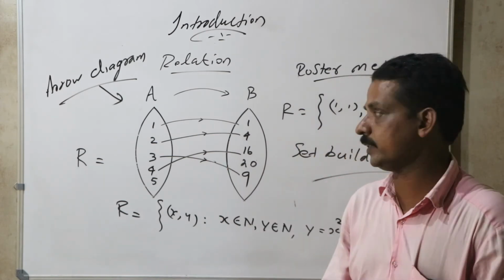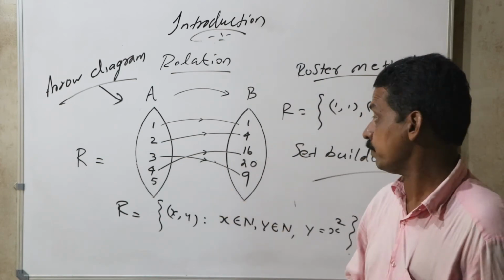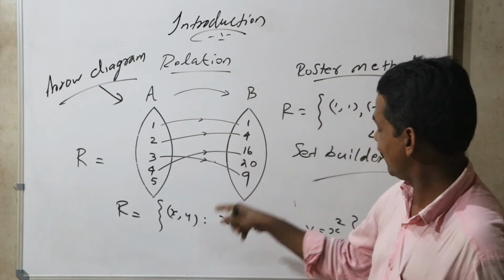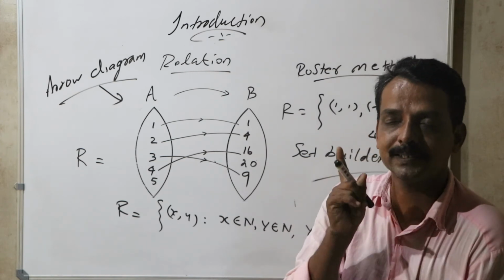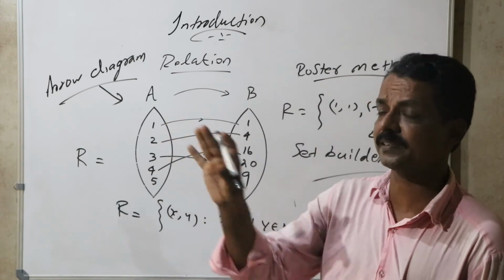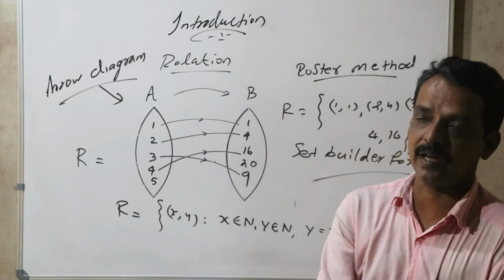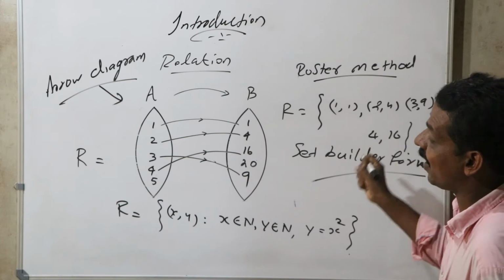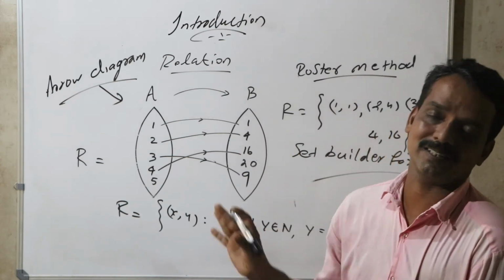We can convert a relation in roster form into an arrow diagram and into set builder form. Set builder form is an algebraic expression. This is the direct element writing method and this is the arrow diagram. These three are the representations of the relation.